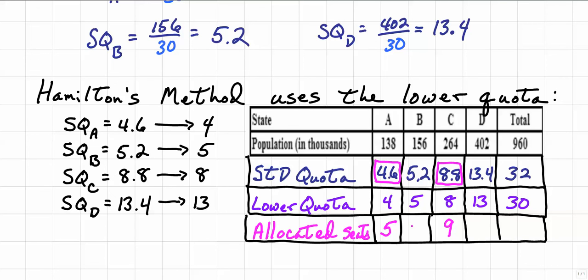And once we have our allocated seats, we'll go ahead and add those 4 values together, and it will be 32, and this value must match that value.